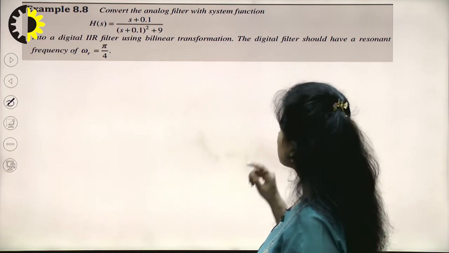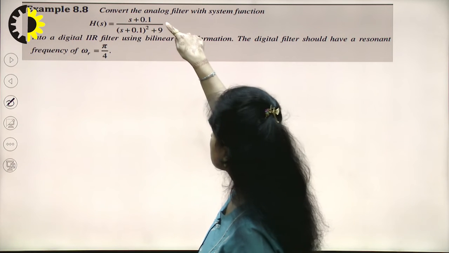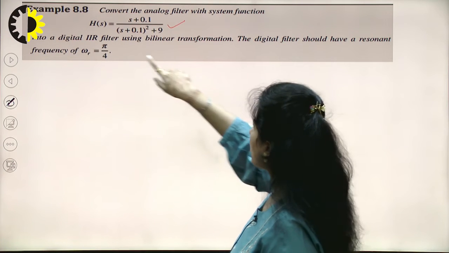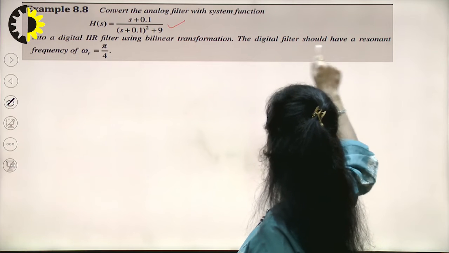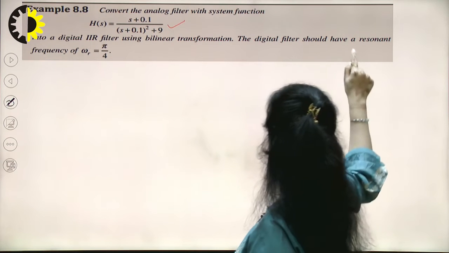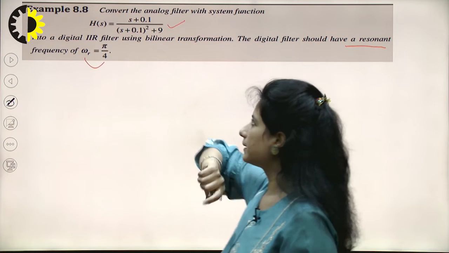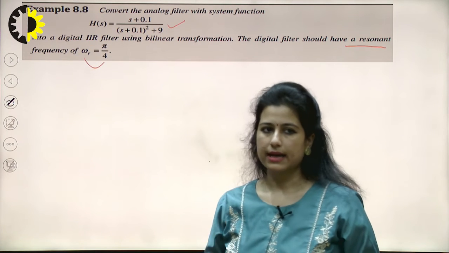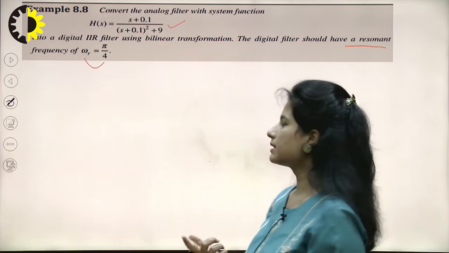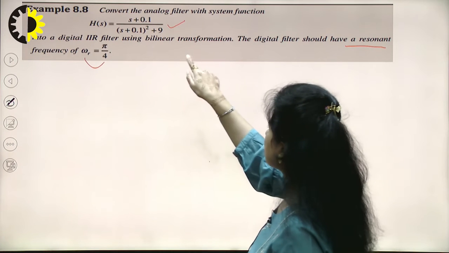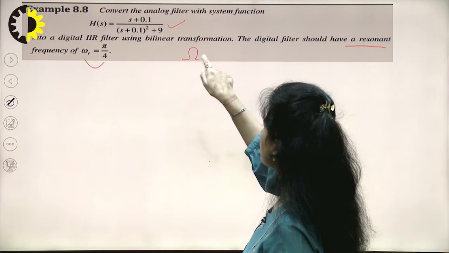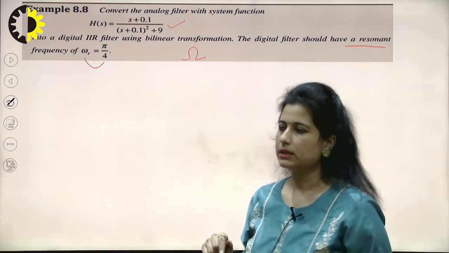Another twist in this numerical can be like this: this is a given transfer function, along with which I am giving a frequency value, that the resonant frequency of the digital filter should be pi by 4. That means I already know the desired frequency of the digital filter as pi by 4. What I need to deduce from the given equation is the analog frequency.